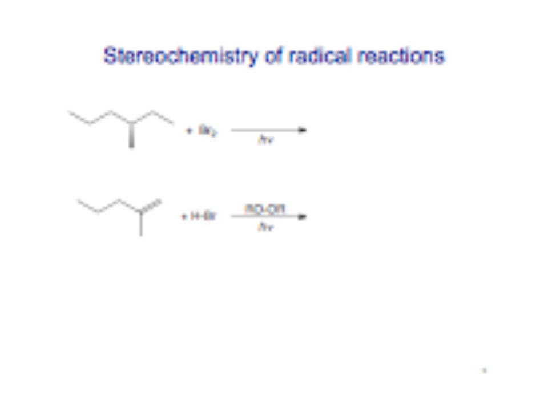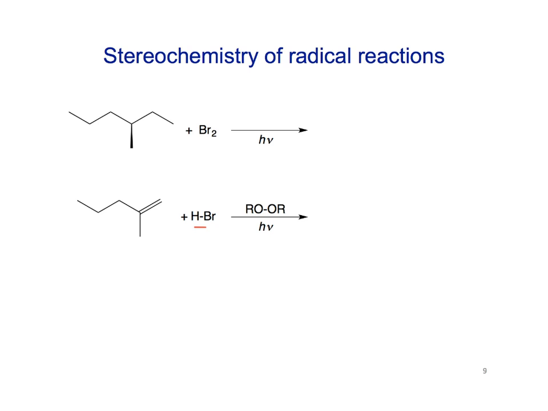Okay, so one other issue is if we're going to do either this bromination reaction or the addition of HBr and peroxide, and we are generating a chiral center, or a stereogenic center, what happens to the stereochemistry? Let's think about this reaction.